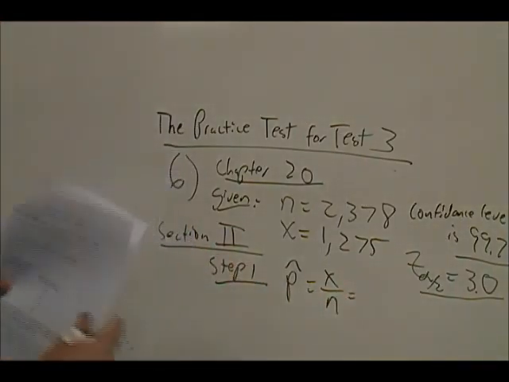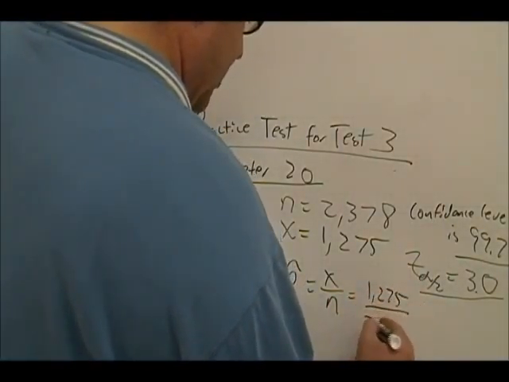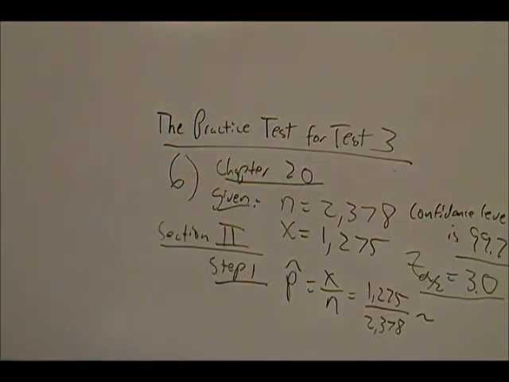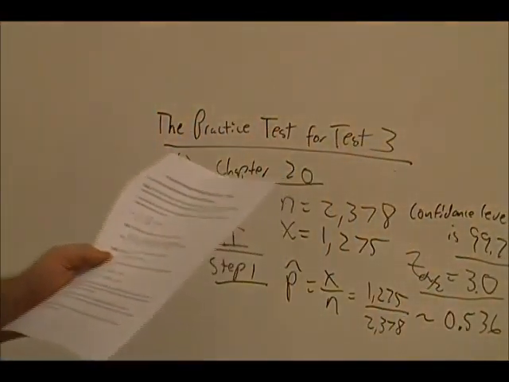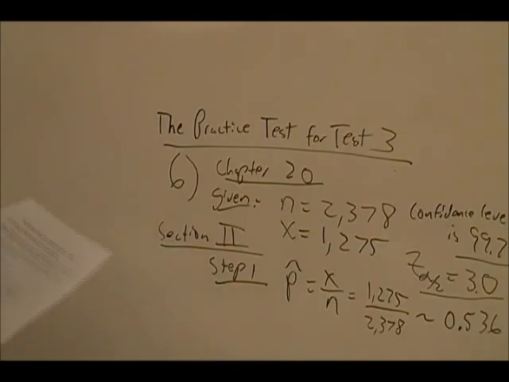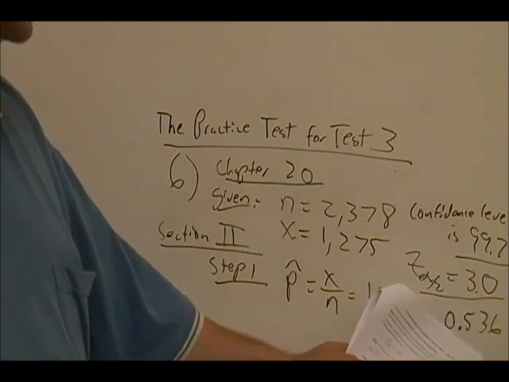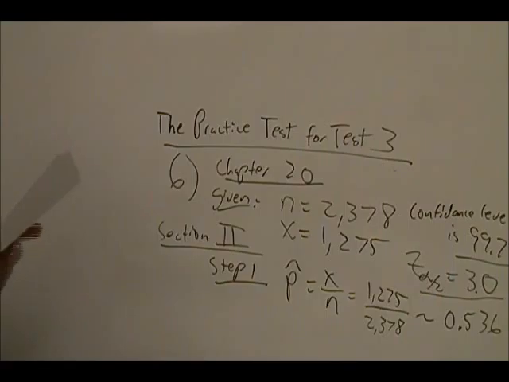And X over N here turns out to be 1,275 divided by 2,378. And if you use your calculator now, we see that that comes out to be 0.536, rounded to 3 decimal places. That's of course the same as saying 53.6% of the members of the sample said they voted for Bill.